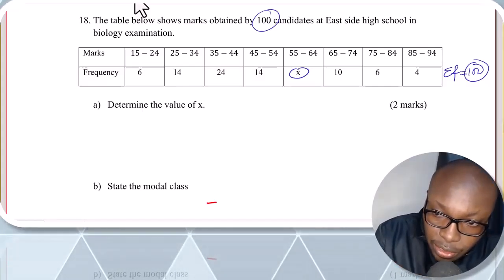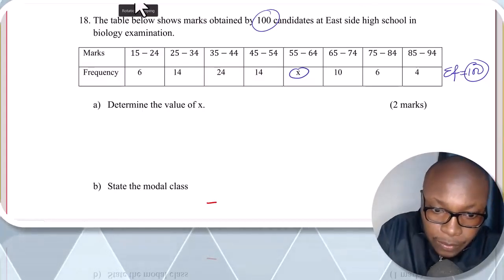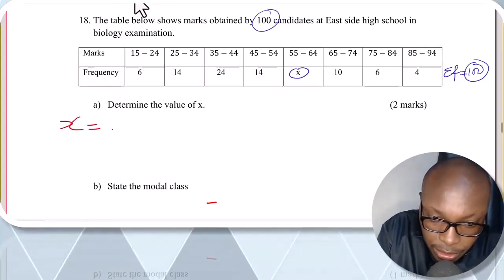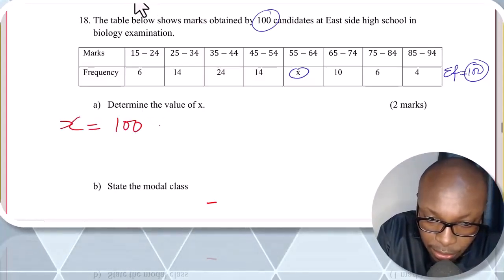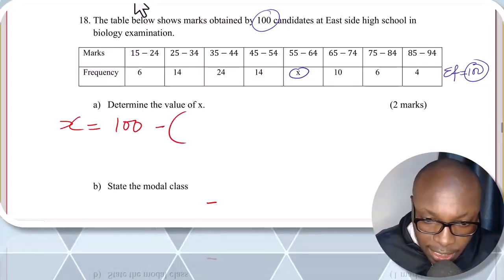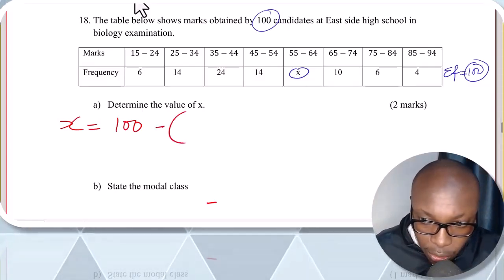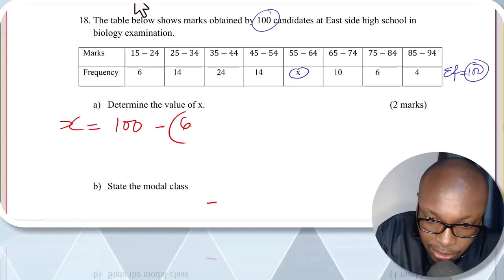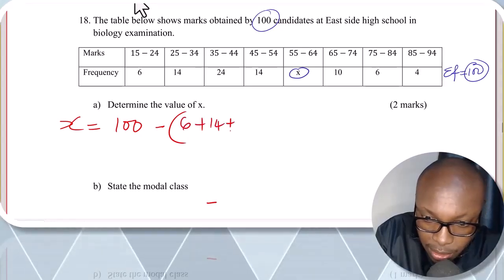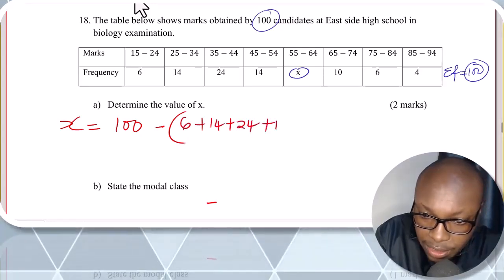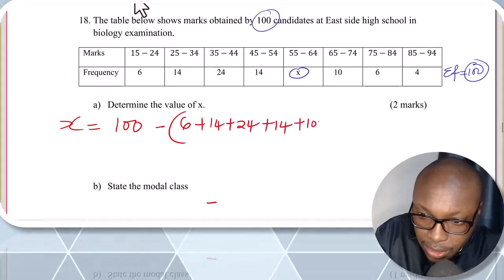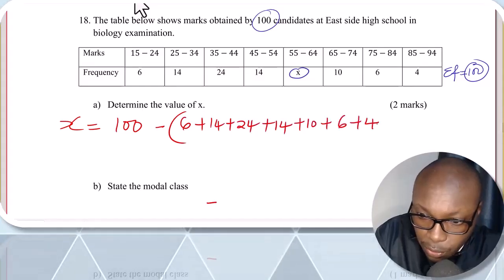So the easiest way to get x is by taking 100, and then we subtract the sum of all the other frequencies in all the other classes. So we have 6 plus 14 plus 24 plus 14 plus 10 plus 6 plus 4.